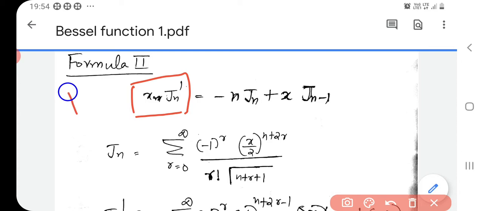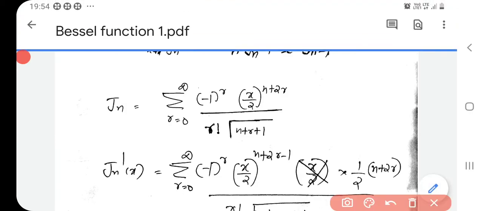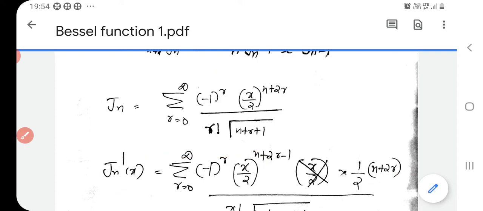As we did before in the last formula, we take j n of x and differentiate it, and as in the previous case, we will get n plus 2r by half here.